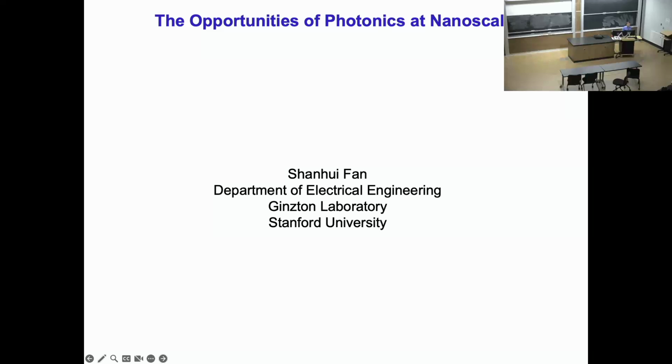My research area is on nanophotonics to try to exploit opportunities of photonics at nanoscale. This is a very broad area, so it's actually hard to pick a topic.